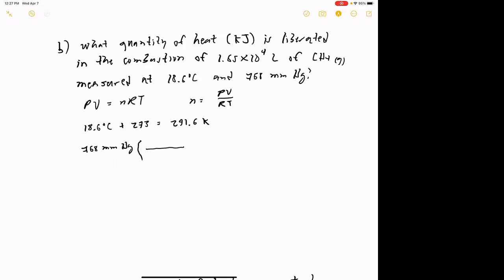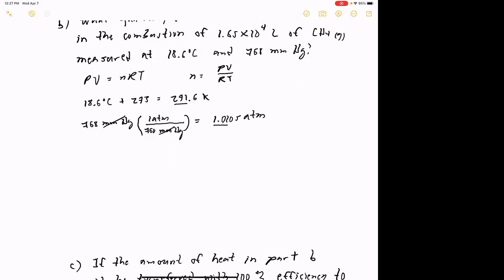We've got a conversion for that: 1 atmosphere is 760 millimeters of mercury. So millimeters of mercury cancel out, and that should get me to about 1.0105 atmospheres. That should be good to 3 sig figs. Technically, unless I use 273.15, your temperature is really only good to 3. And I think we've got everything we need.